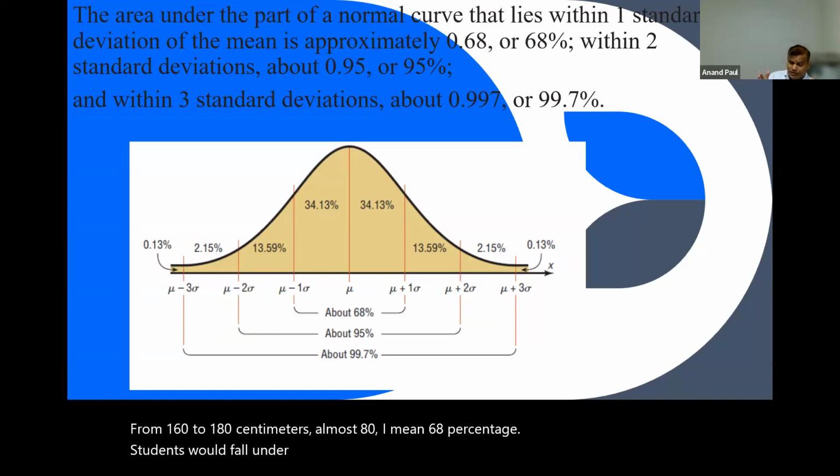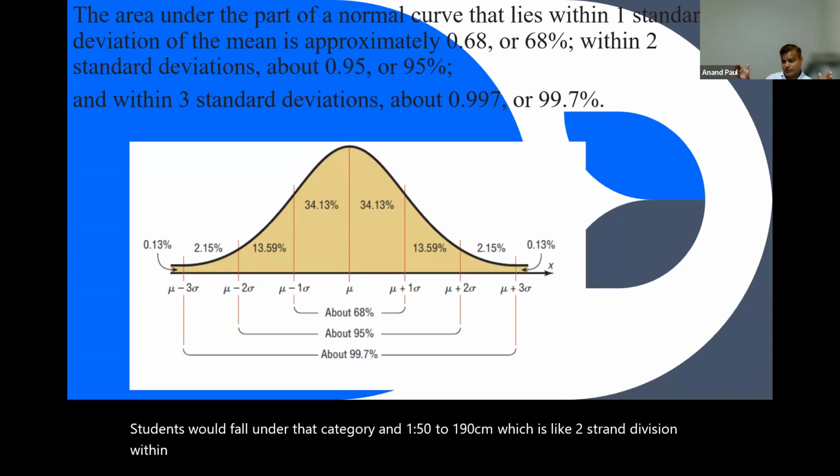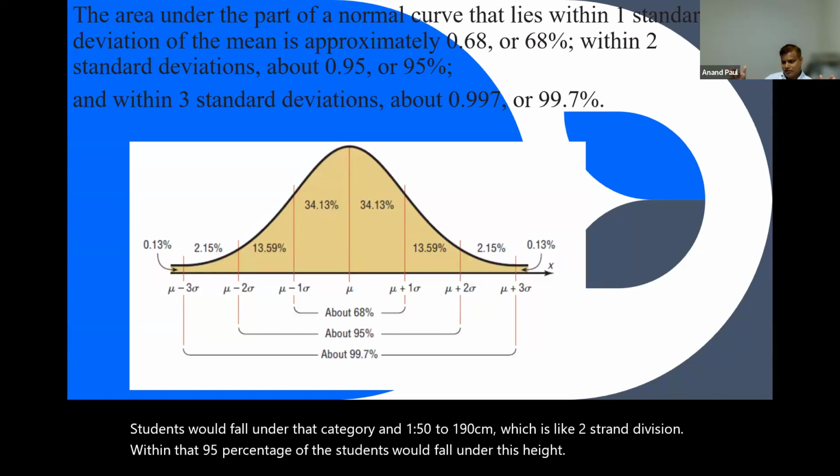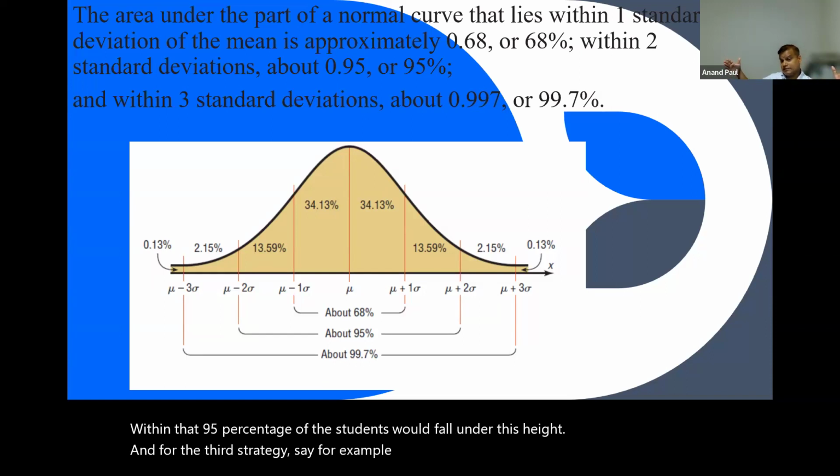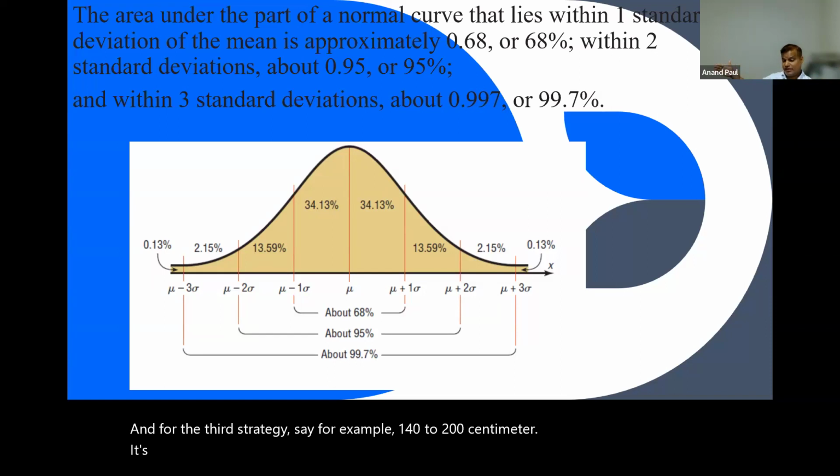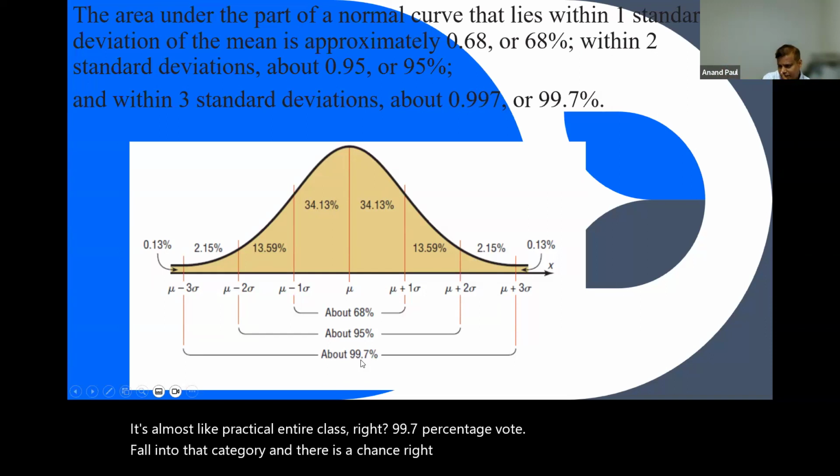And 150 to 190 centimeters, which is 2 standard deviations, within that 95% of the students would fall under this height. And for the third standard deviation, say 140 to 200 centimeters, it's practically the entire class, right? 99.7% would fall into that category. And you see here, when you say 99.7, what about this 0.3%?